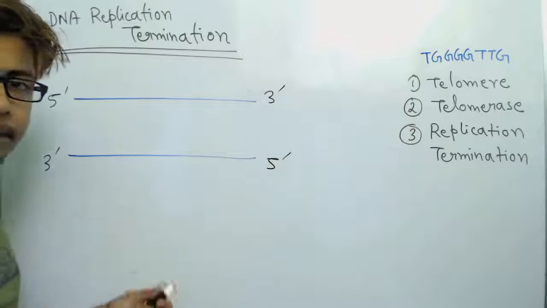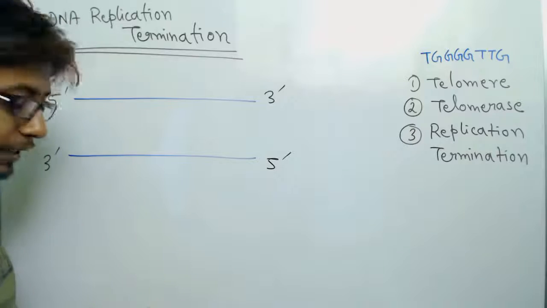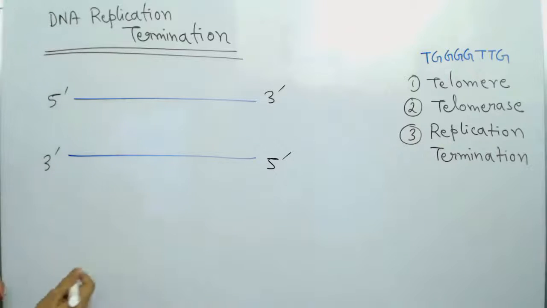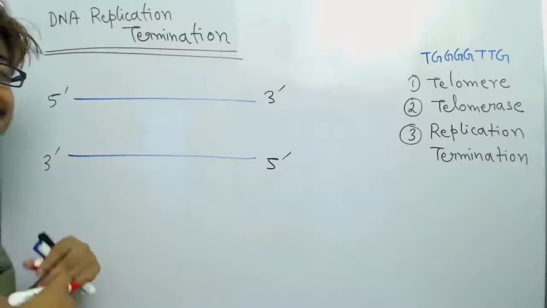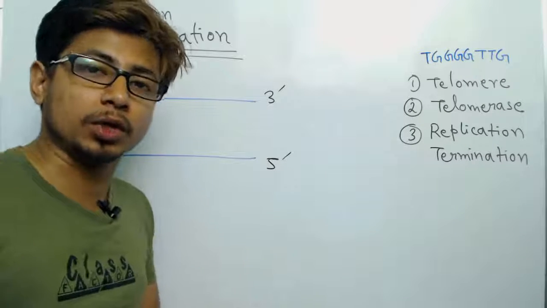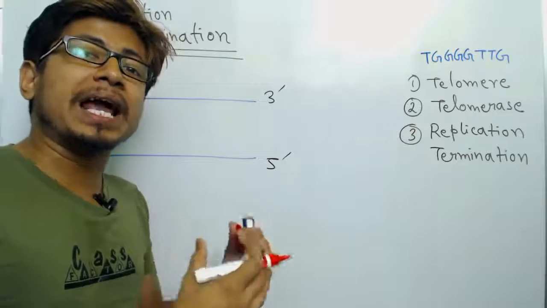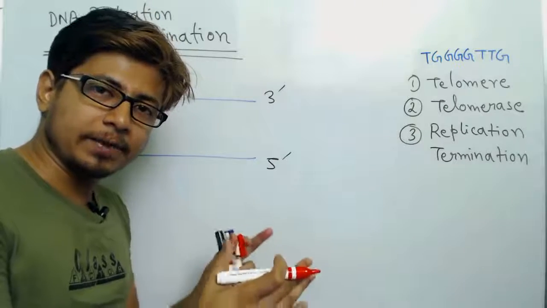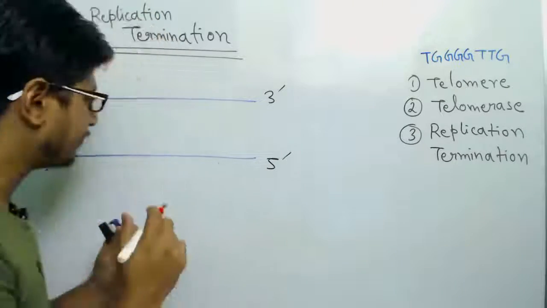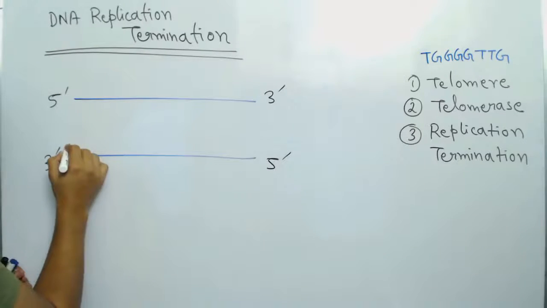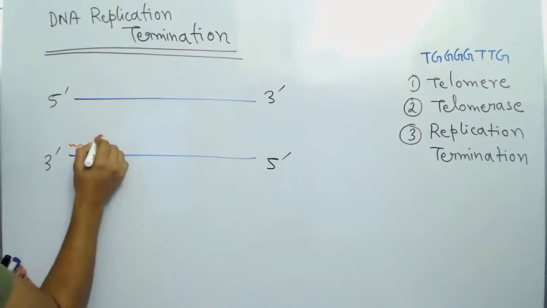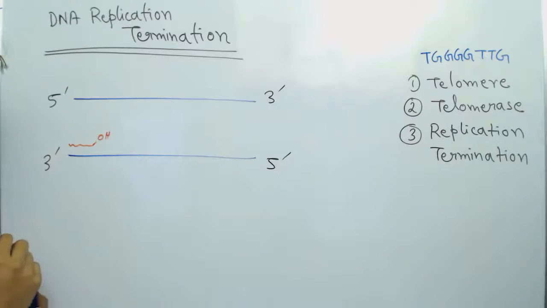So if these are the two separate template DNA strands or parental DNA strands, what we all know is that for the start of the DNA replication, DNA polymerase cannot initiate it on its own. They need a primer, which is an RNA fragment. The RNA fragment provides a free 3 prime hydroxyl.